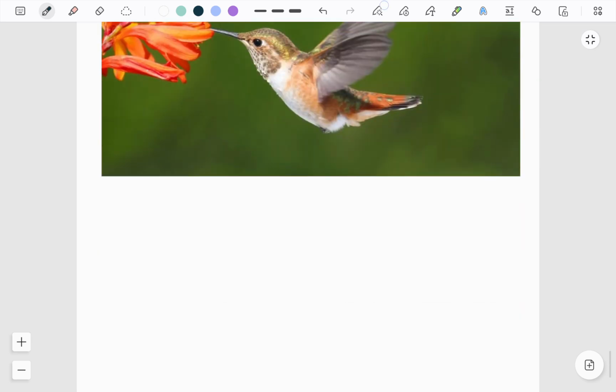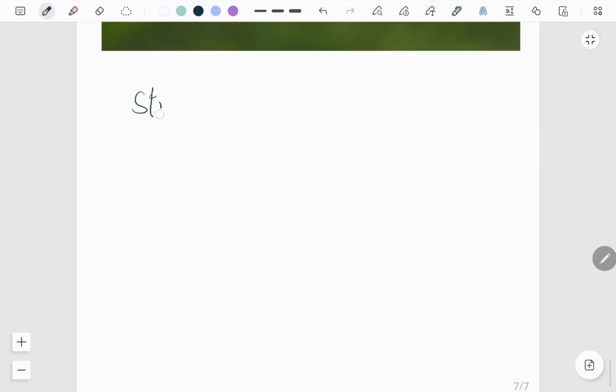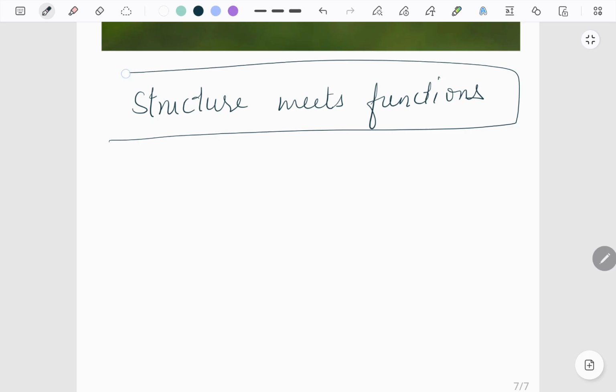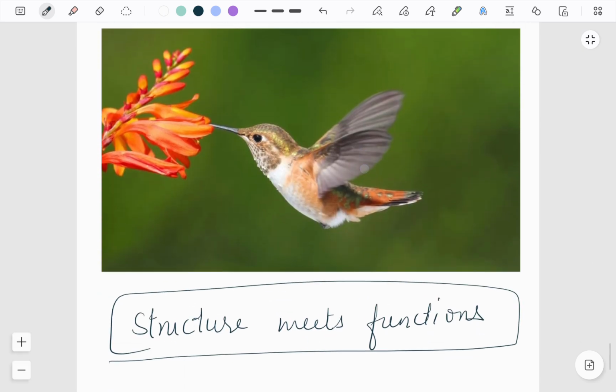Now, there is a thing called structure meets function. I told you in an earlier video that structure meets function when we study biological organization. For example, you can see this beautiful creature called the hummingbird.